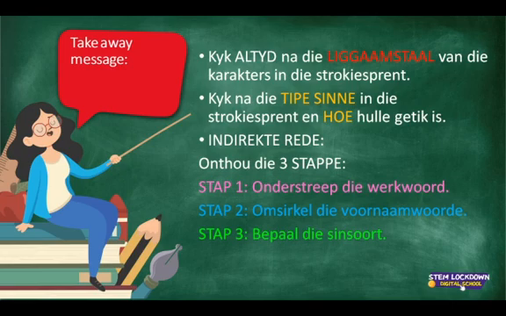Kyk altyd na die liggaamstaal van die karakters in die strokies. Always look at the body language of the characters in the cartoon. Kyk na die tipe sinne in strokies prent en hoe hulle getik is. Look at the types of sentences and how they've been typed.